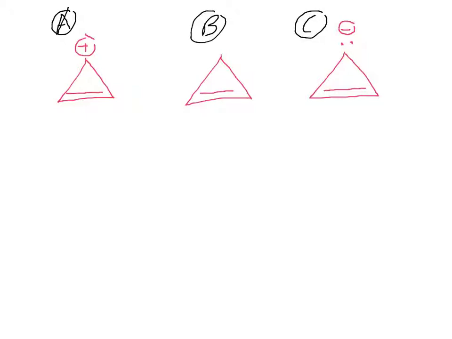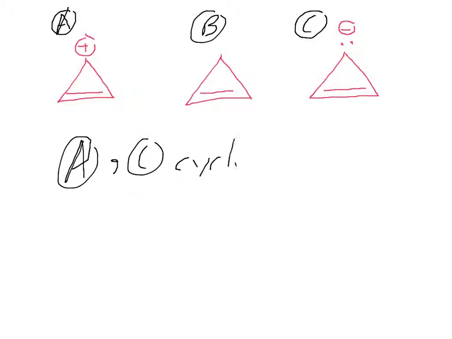Everybody see how A and C are cyclic and have an uninterrupted pi system? Why isn't B?